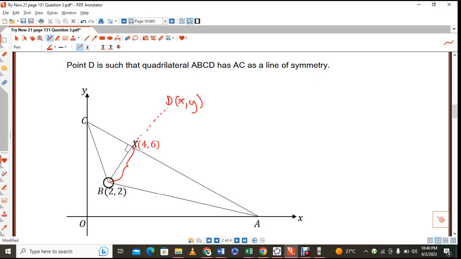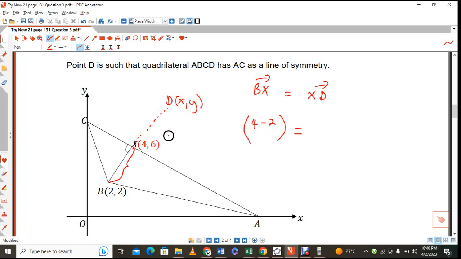So basically using the x values here, I have got 2 here and 4. So I will be saying that the vector from B to X, I'll take 4 minus 2. Okay, and I do the same if I want to find the vector of X to D, because remember they will be equal.